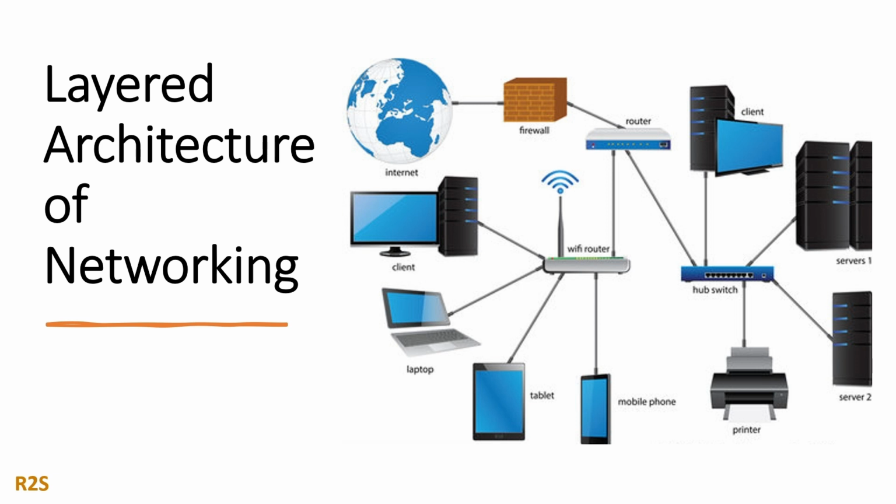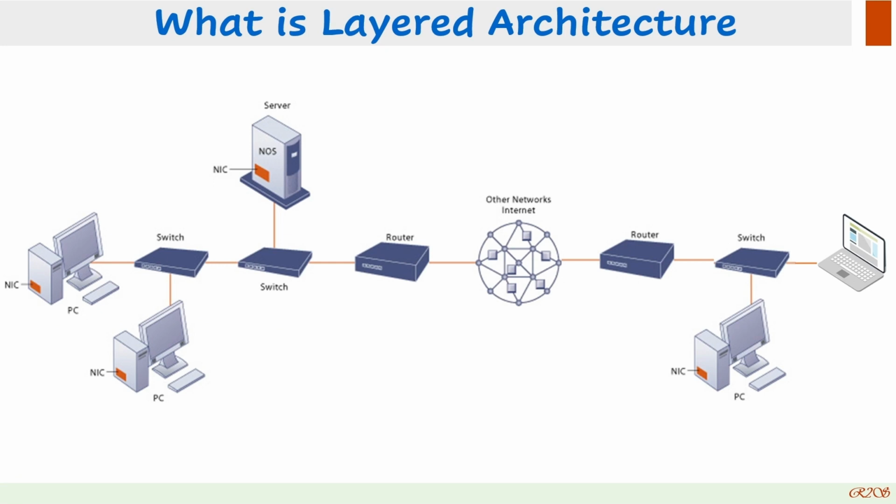So let's see what layered architecture is. If you look at this simple network topology, you can see several network devices, like the PC, laptops, routers, switches, and servers, all connected through the internet.